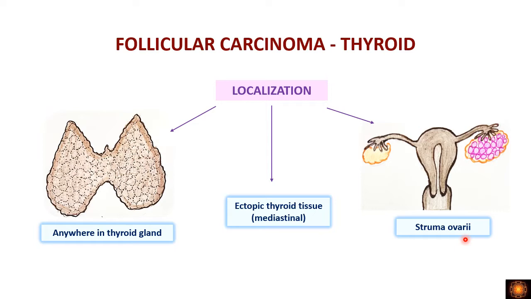It's a germ cell tumor, a teratoma, and in this we have only thyroid follicles. So when we see only thyroid follicles in the germ cell tumor teratoma, we call it struma ovarii. In the struma ovarii, again there can be development of follicular carcinoma.